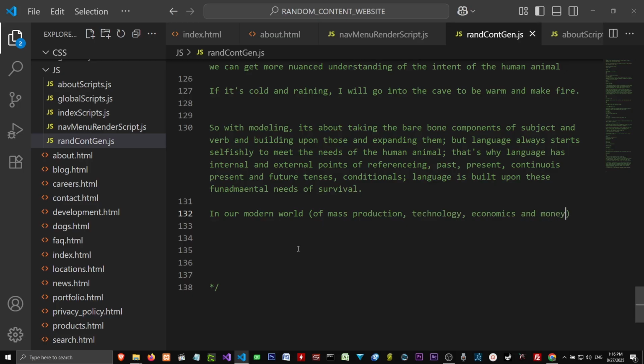We had to survive. Way back when we were just living in caves and hunting, we turned into hunter-gatherers, right? We built our language in relation to our environment of the time. And now in the modern world, we're no different. We've evolved and adapted our linguistic patterns to match the modern world of mass production, technology, economics, and money.